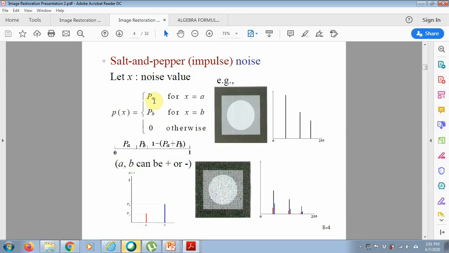So you can have different amplitude values of noise and add them directly, that is salt and pepper, either zero or any kind of value.